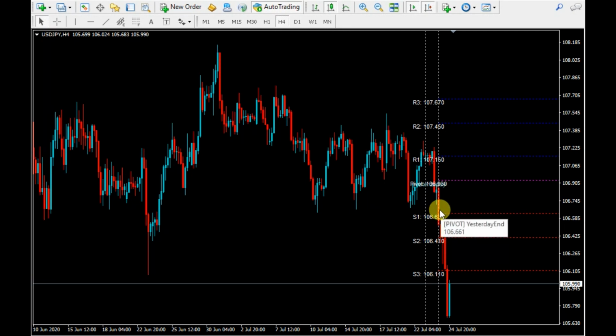It's a clear view that the traders are struggling to break S1. They need a lot of orders and a lot of sellers to push the market down, but they are not successful.